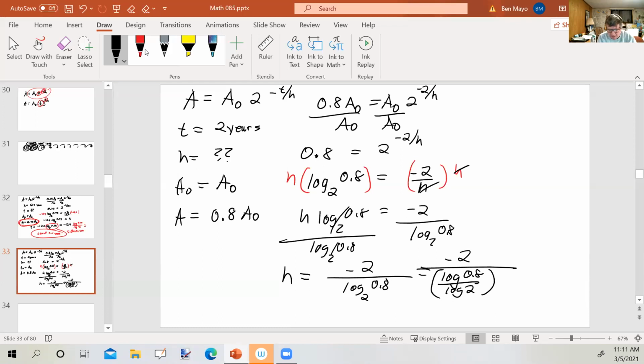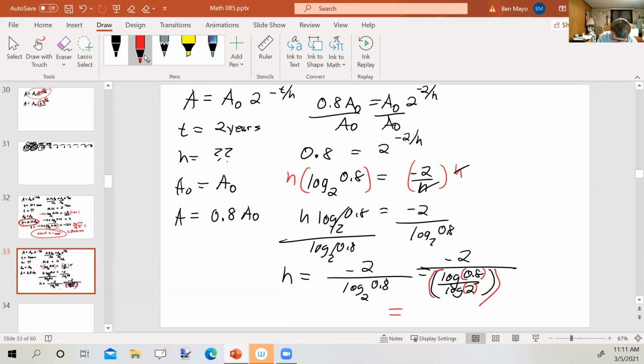So in my calculator, I'm going to put in negative 2 divided by, and then parentheses, log of 0.8, close that up, divided by log of 2, close that up, but then close up the whole thing. So I've got parentheses around the 0.8 and around the 2, because the calculator automatically puts that left side in. And then I've got parentheses around the whole thing.